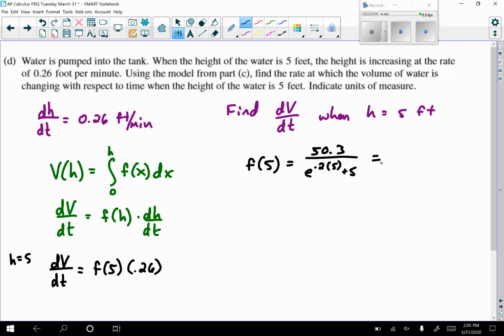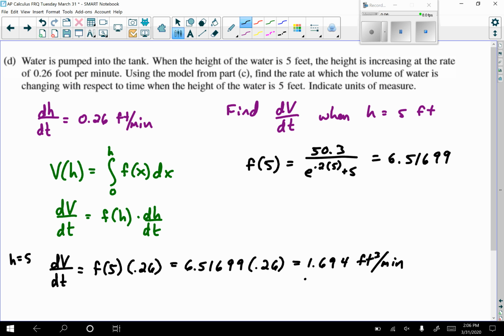So if you calculate this, you should be getting 6.51699 times our 0.26, and then this should give us, we'll just round to 3 decimal places, 1.694. Again, we want to label cubic feet per minute. So this is the rate of change of volume at the height h equals 5 feet.